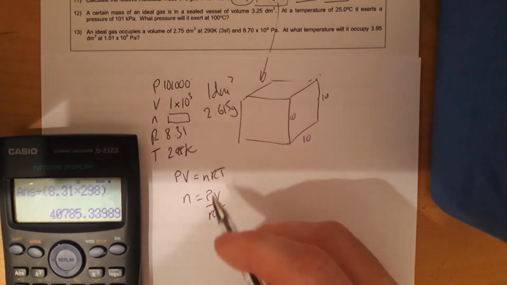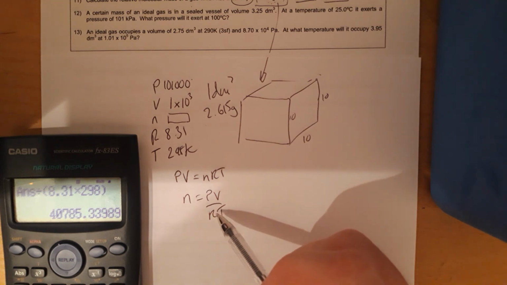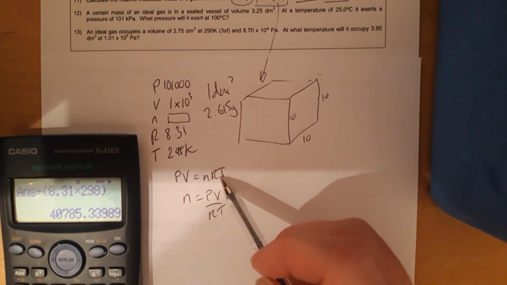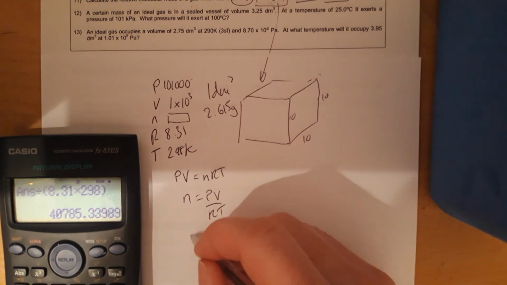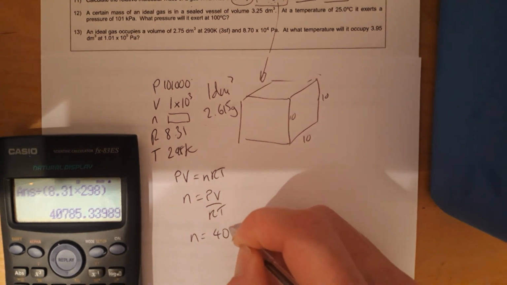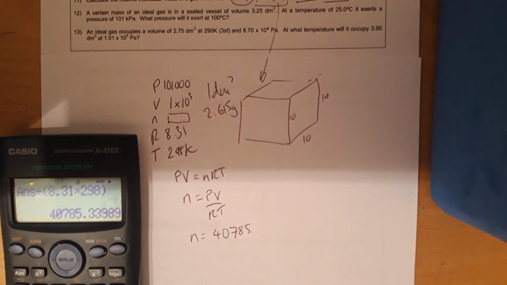That doesn't look very good. You know, what a wally. No, I'm not a wally. I'm doing all right. Keep going, Norton. Moles equals 40,785. That doesn't look right. In a litre of gas. No.